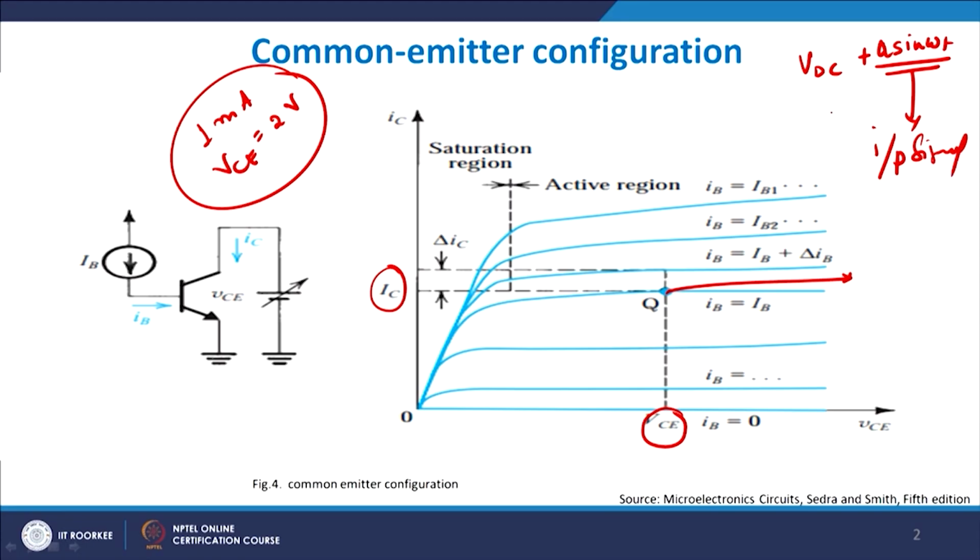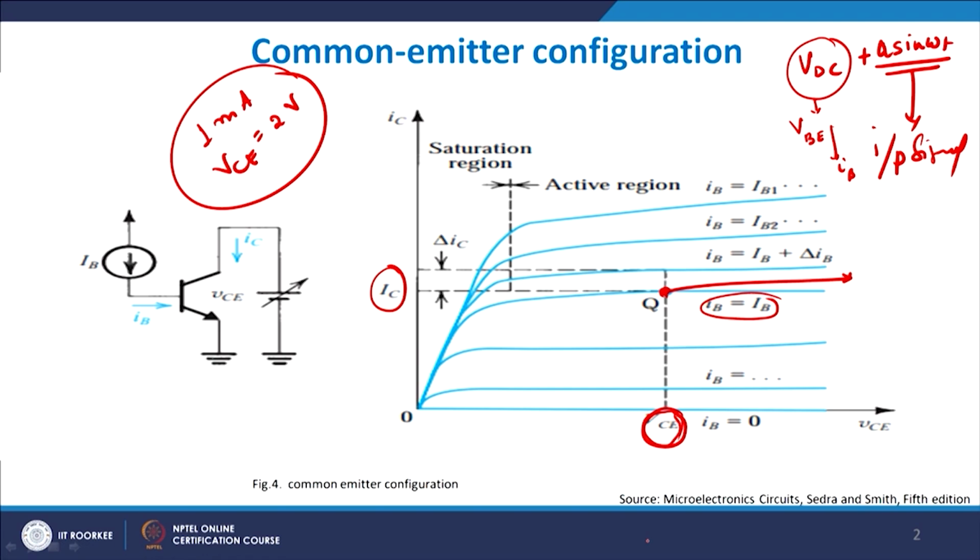So I will tell you what will happen. Because of VDC, which is basically VBE, I will have a fixed value of IB. Let us suppose this is the value of IB which I am inserting. Corresponding to this, my VCE value is already fixed at, say, 1 volt or 2 volts.